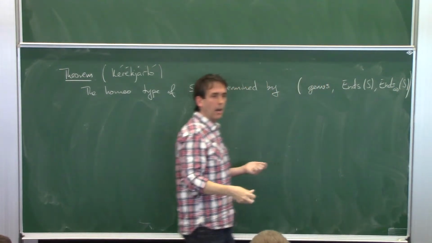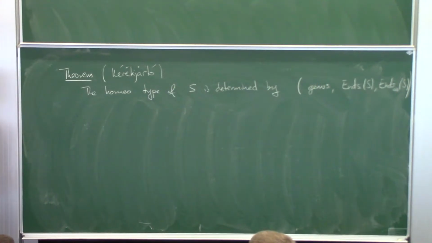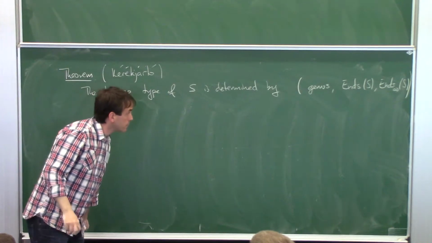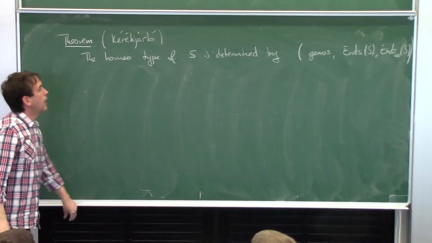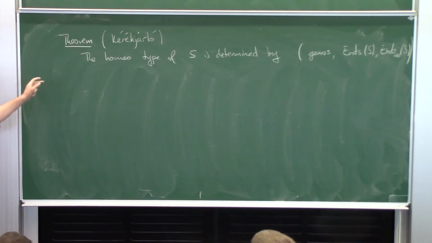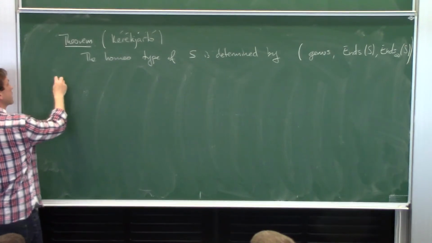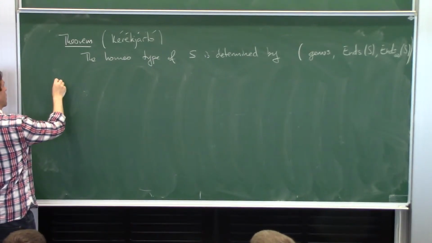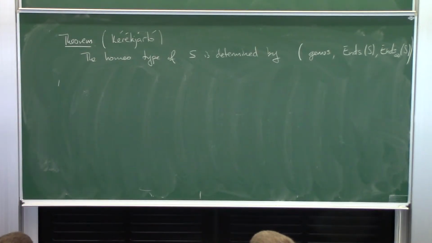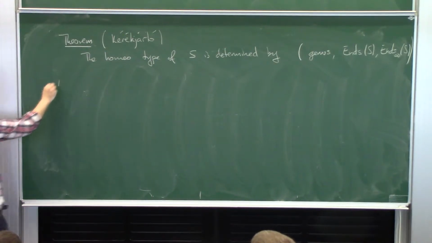I'm not saying exactly how it's determined, but it's determined by that triple. And then, the space of infinite-type surfaces is actually pretty big.